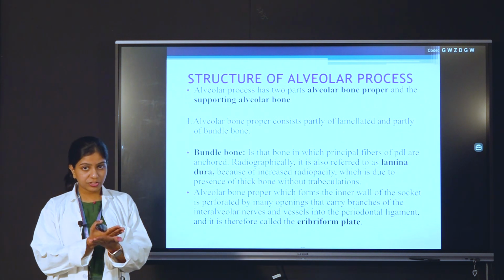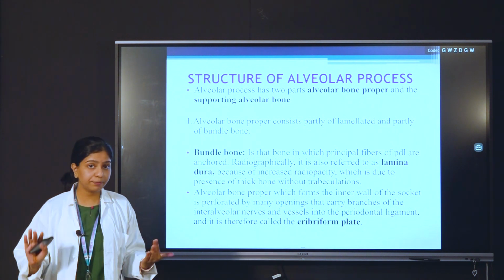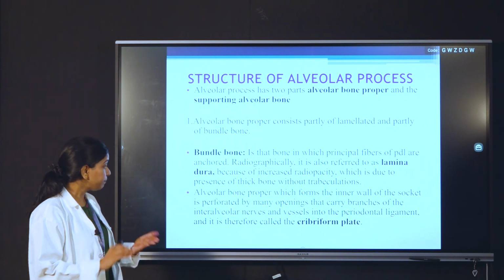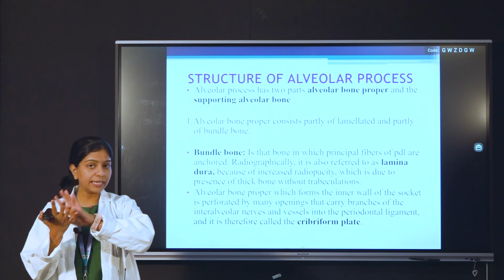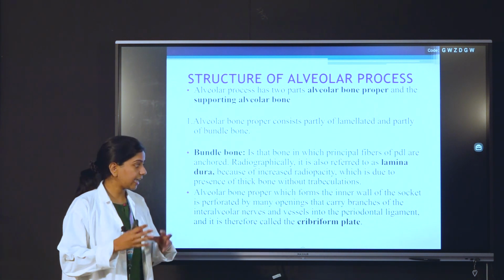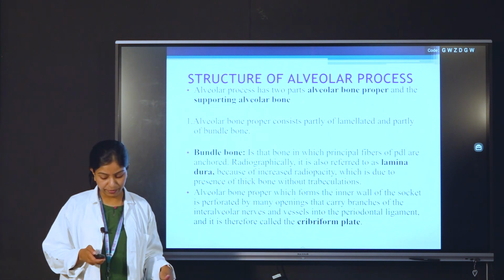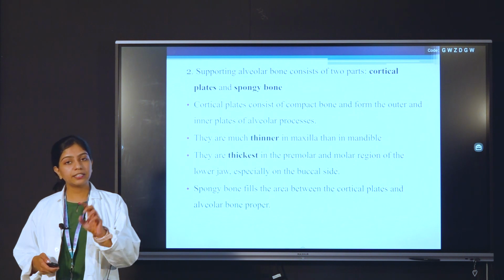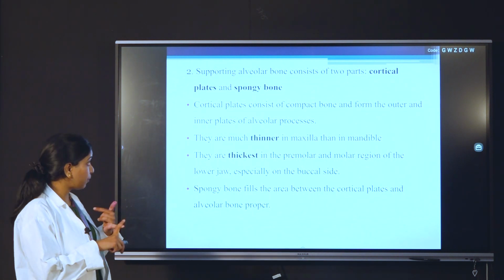When you see histologically, you see like a cribriform plate. It is also known as a cribriform plate in the histological structure. It has many perforations, like many openings that carry branches of interalveolar nerves and vessels into the periodontal ligament. The supporting alveolar bone, as I said, consists of 2 parts, that is the cortical plate and the spongy bone.